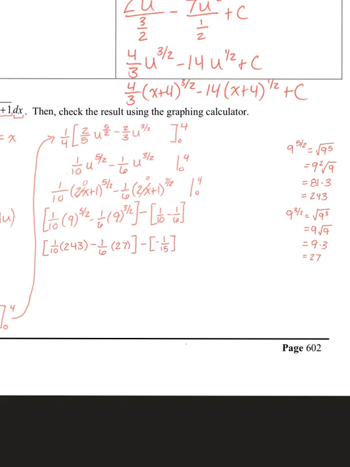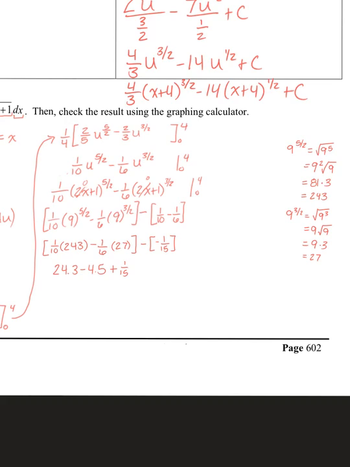Okay, so now over here, 1/10 times 243, that ends up being 24.3, minus 1/6 times 27. Well, 27 over 6, you can reduce that by 3, and you get 9 over 2, which is 4.5, because we're dealing with some decimals here. And then plus negative 1 over, or plus 1 over 15.